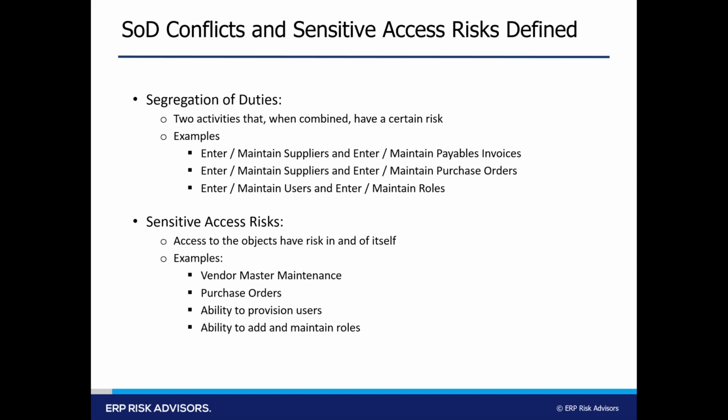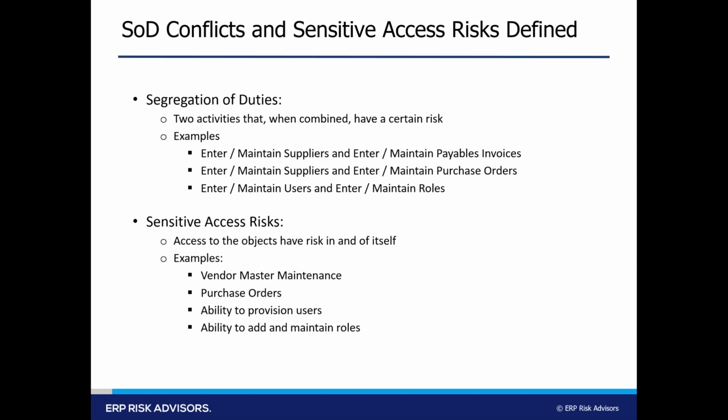And by addressing sensitive access risks appropriately, which is asking the question of does anybody have access to vendor master maintenance as an example where they shouldn't, and making sure no roles are over provisioned with that ability, and then doing that with purchase orders, for example, as a second sensitive access risk, then we're more than likely going to solve the issue of SOD conflicts.